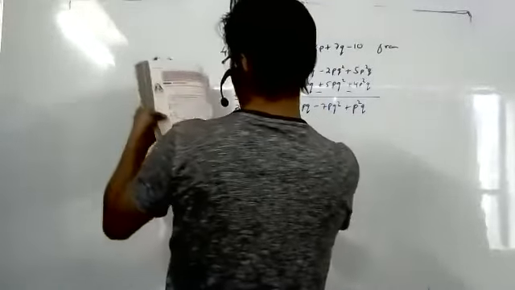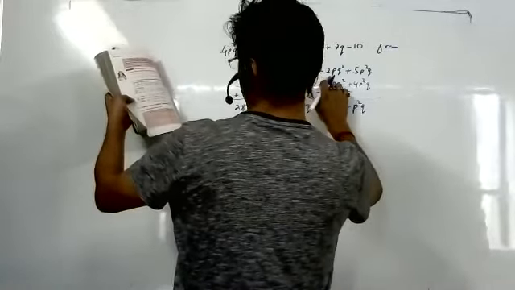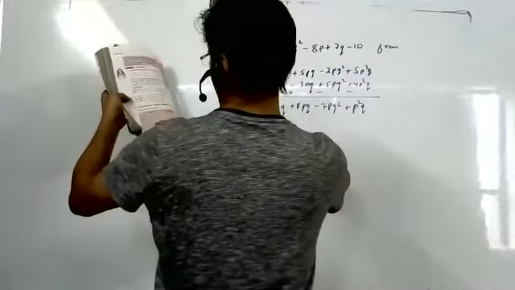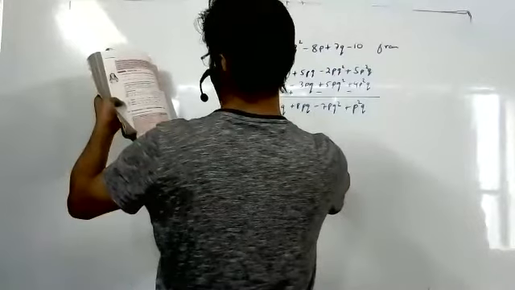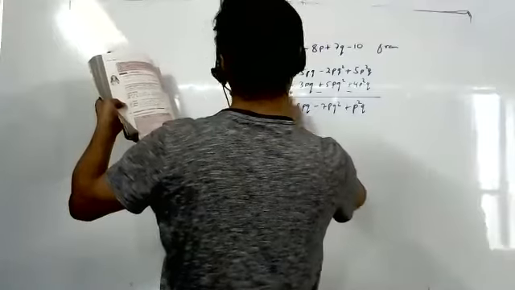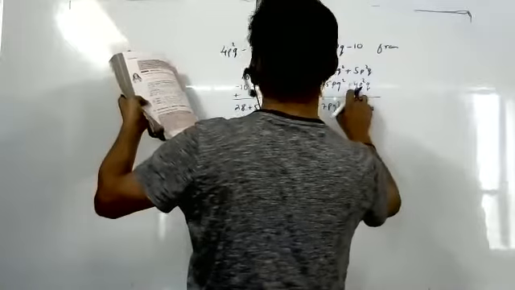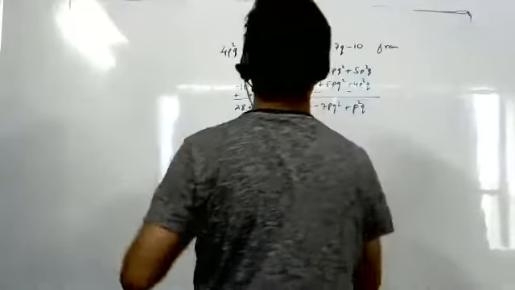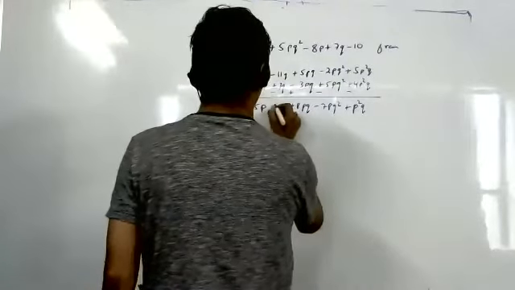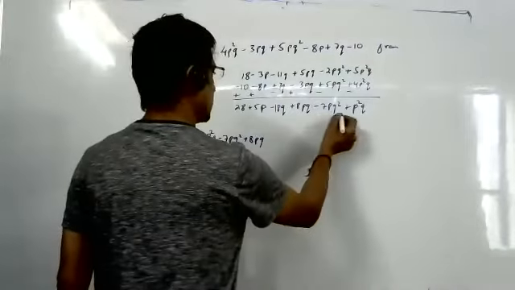Let me write it. 18 minus 3p minus 11q plus 5pq minus 2pq square plus 5p square q. Then minus 10 plus 7q minus 8p minus 3pq plus 5pq square plus 4p square q.